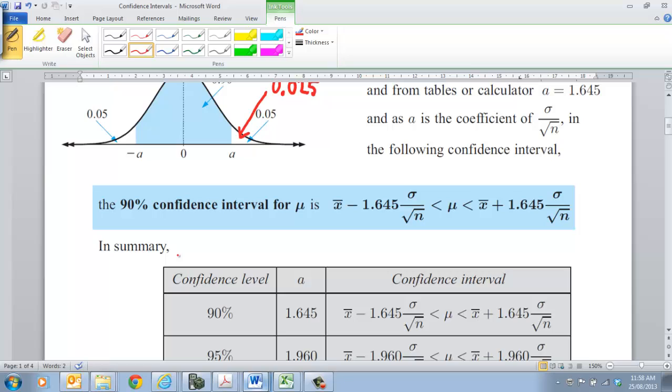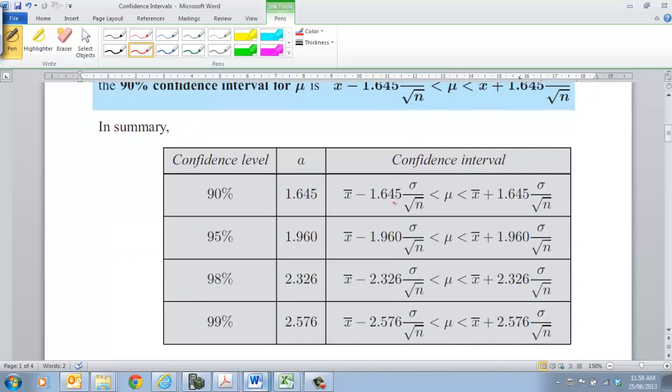All right, so if you do the same thing for the 90, you use 0.05 and 0.95, you get this value here. And you could do this for all of the other variables as well. So if you're looking at 98, then you go 0.01, and 99 would be 0.005, because remember 1% divided by 2 is 0.005.